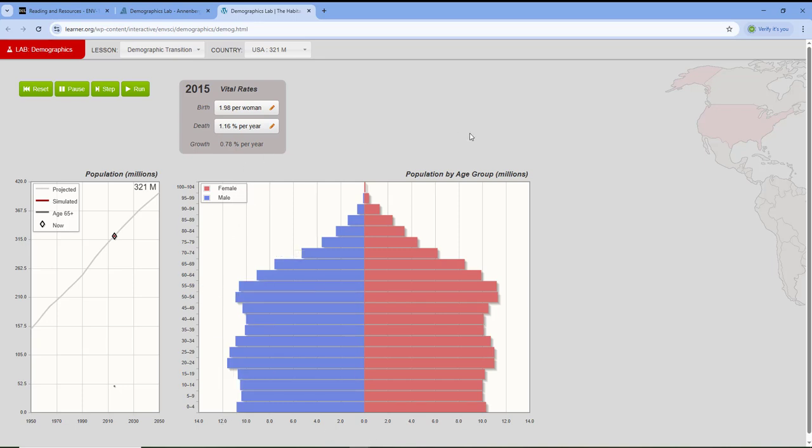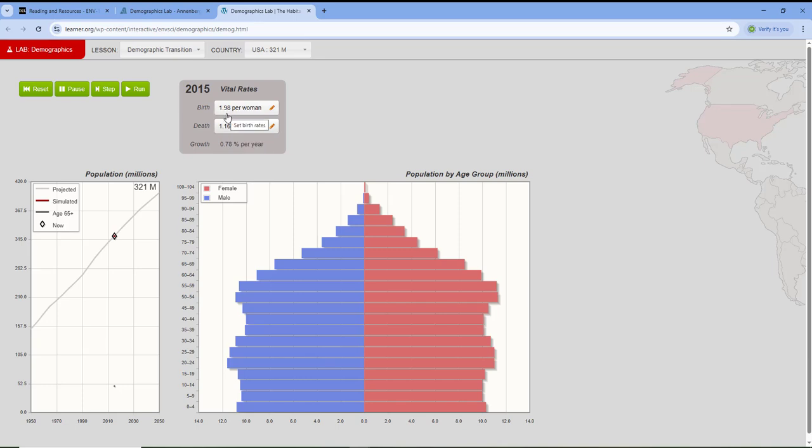What this lets us do is see, or predict, what the population does in the future if we keep it at a birth rate of 1.98 births per woman and a death rate of 1.16% per year.